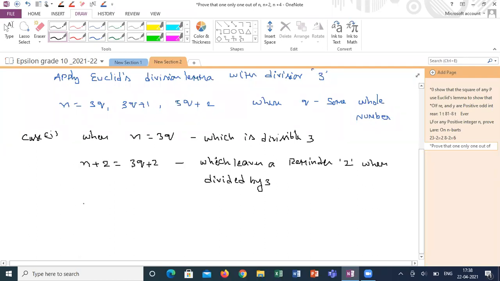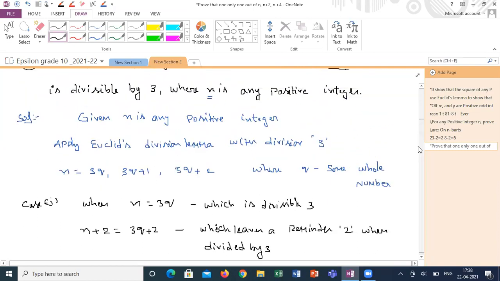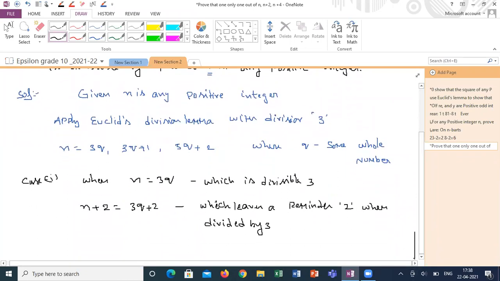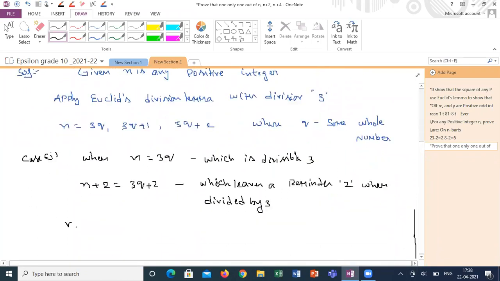After this, n plus 4: if I am taking n plus 4, where my n is equal to 3q, I can take it as 3q plus 4, which is 3 times q plus 1 plus 1.